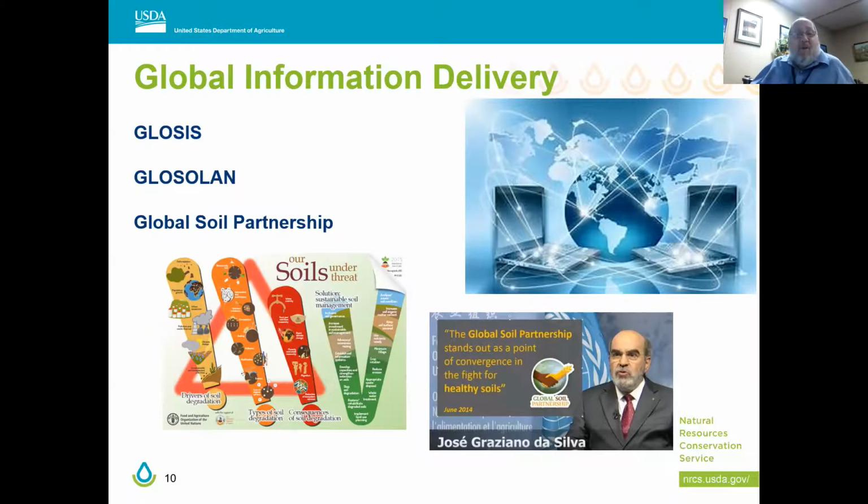GLOSOLAN, which is the Global Soil Laboratory Network, is going to allow standardization of lab procedures. So we are involved too. This strengthens us to be able to work on a global level because we don't know everything there is to know about every soil in the nation or in the world. So by knowing what other countries know about soils that we may have in the United States, we can increase our knowledge.